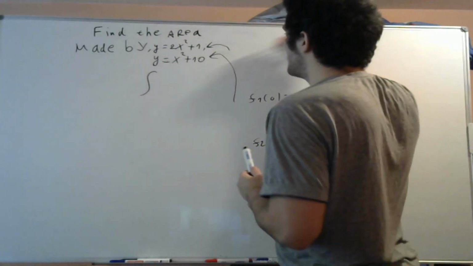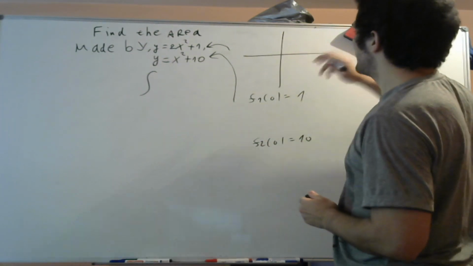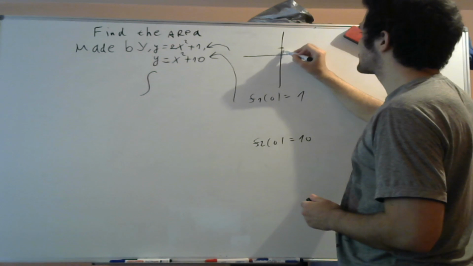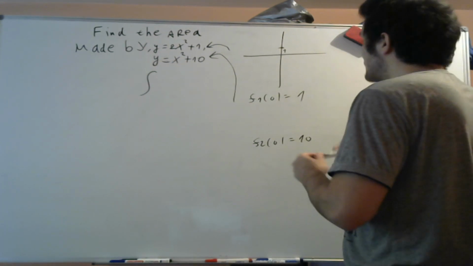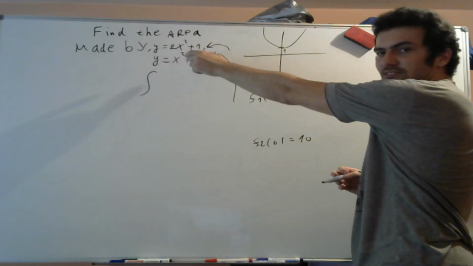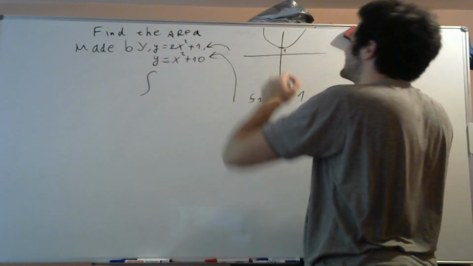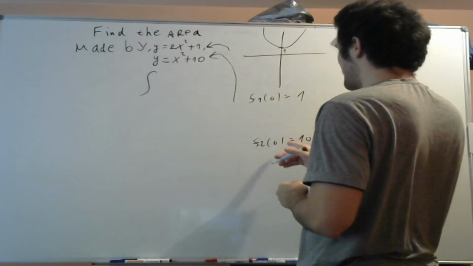We have a situation like this: one function starts from 1 and goes up. Since it's always positive, the minimum is when x is equal to 0 and it's 1. And the minimum of the other one is 10.